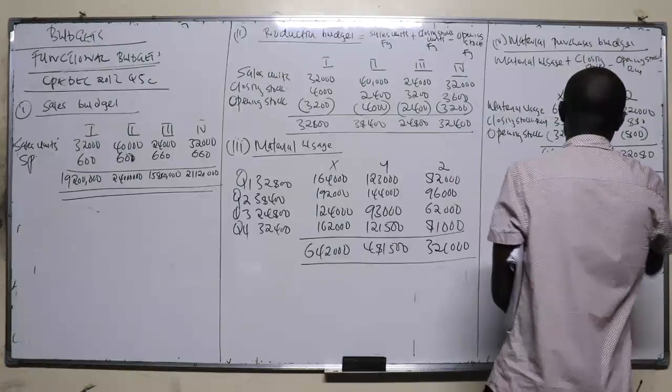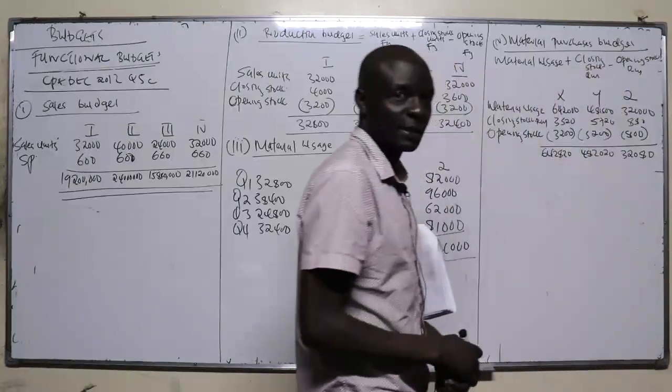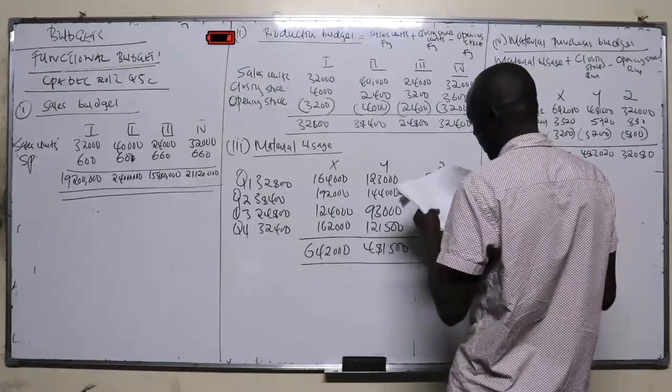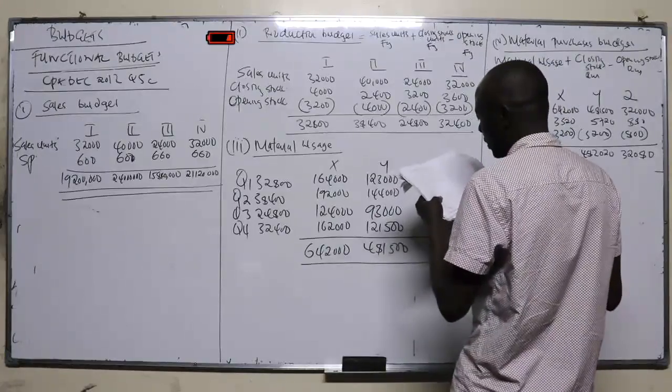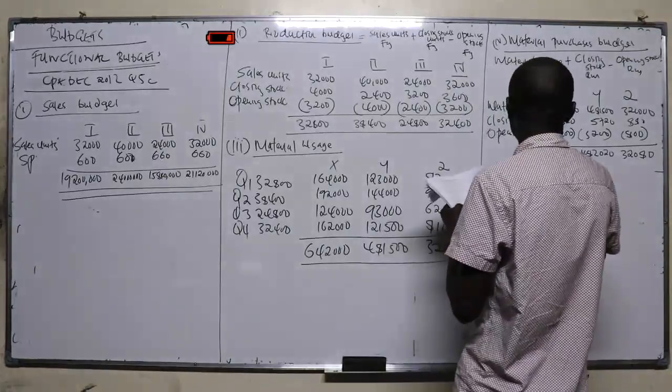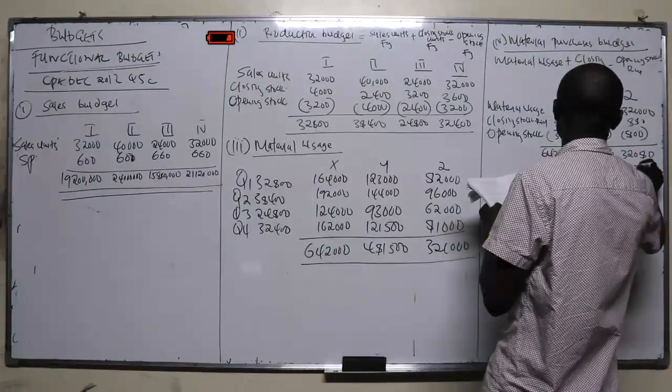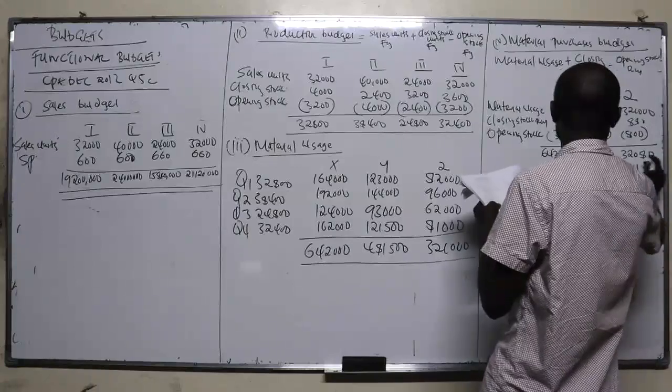So you multiply by money, you convert it into money. The price is how much? 15, and this other one, the price is 12, and this one the price is 30.